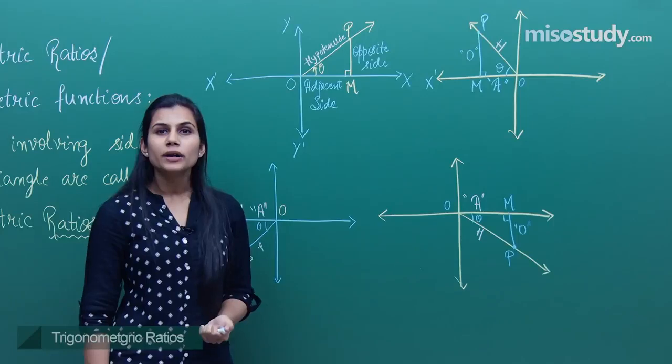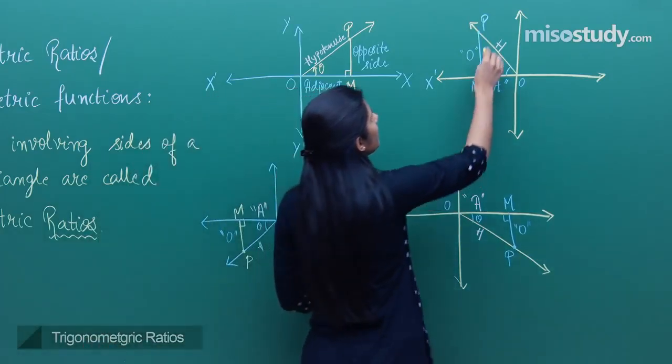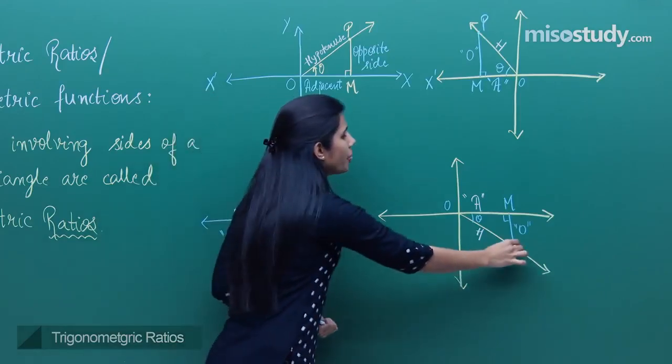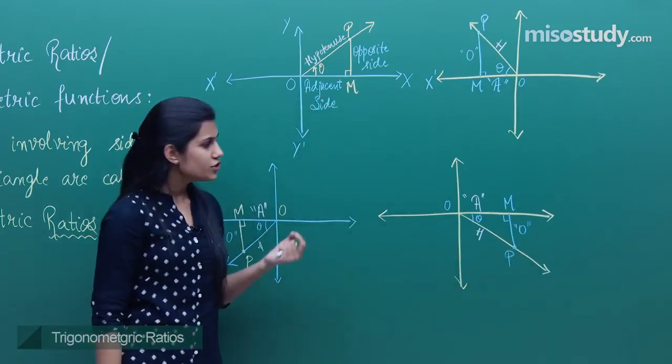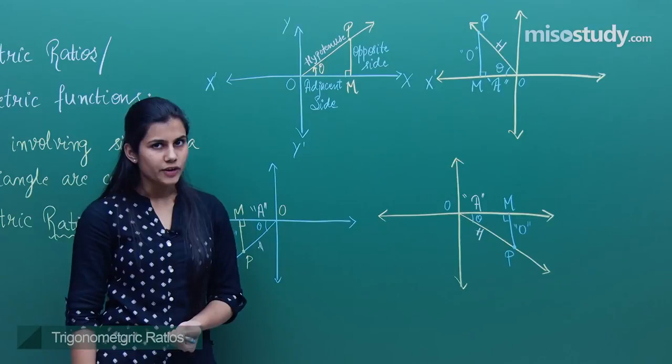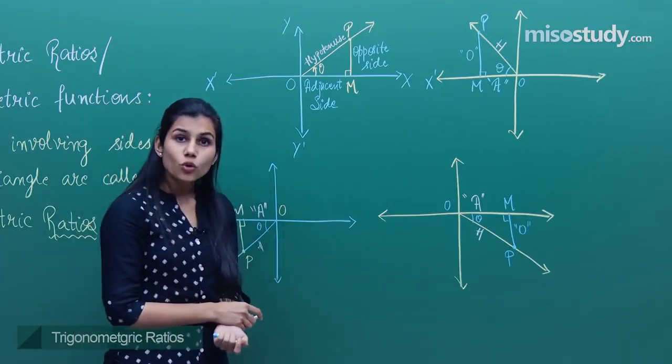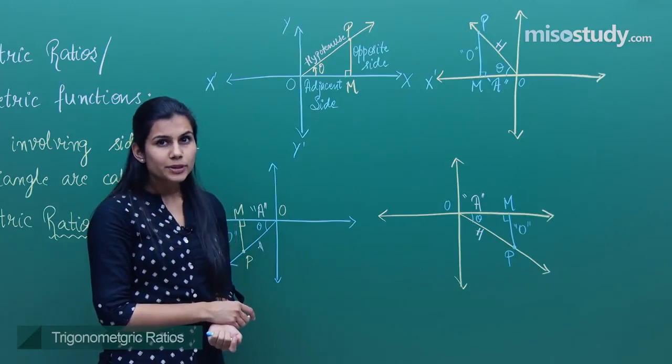Now understand one more thing, which is this point P lying on the terminal ray which is used to make this triangle of reference. Obviously, this point P has certain coordinates. What happens to be them?